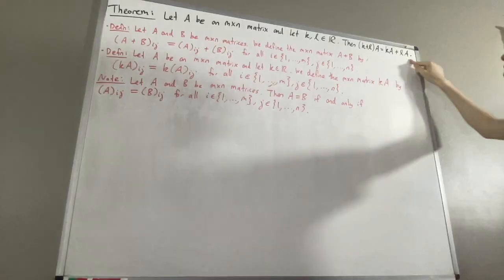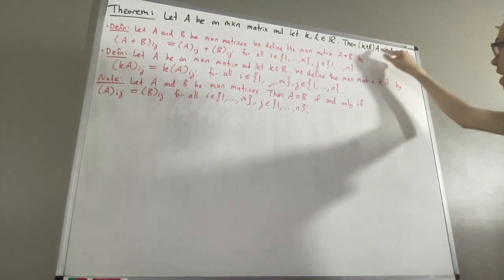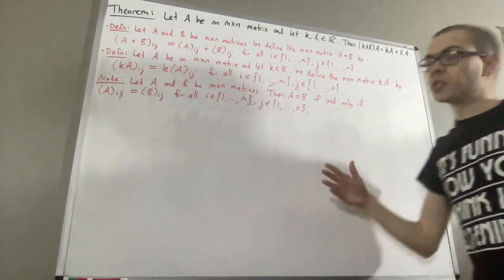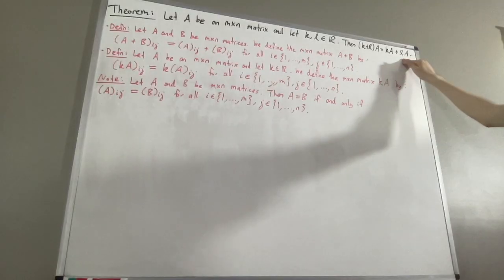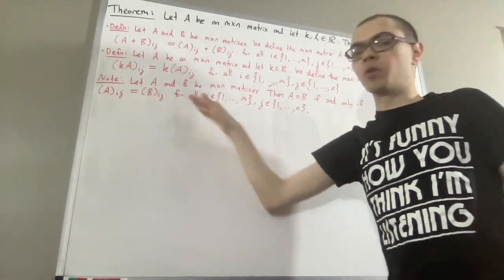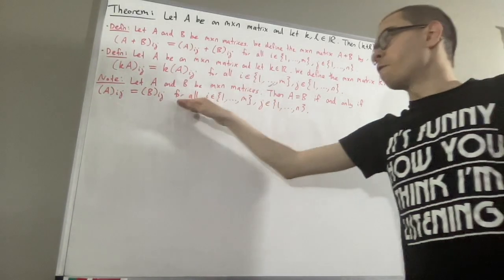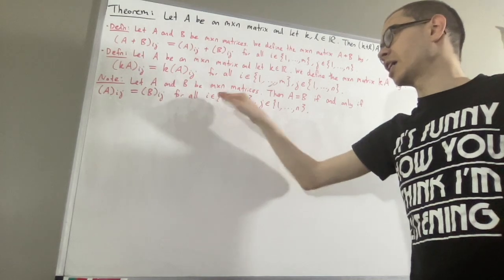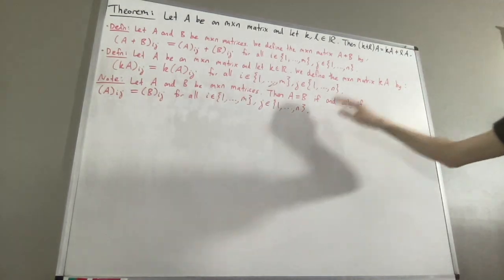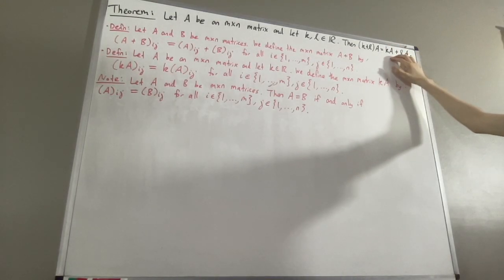And therefore their sum must also be an m by n matrix. So both the left-hand and right-hand side of this equation are m by n matrices. So to show that they're equal, we want to show that they have the same corresponding entries. So we want to prove for every pair of integers i between 1 and m and j between 1 and n, we have that the ij entry of this matrix is equal to the ij entry of this matrix.